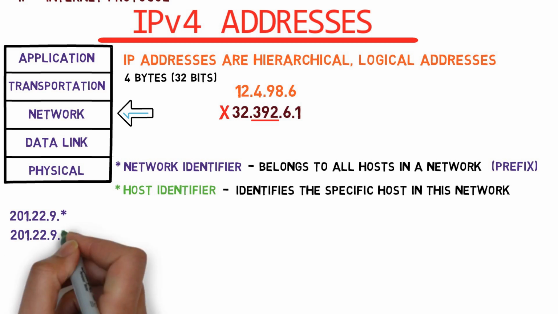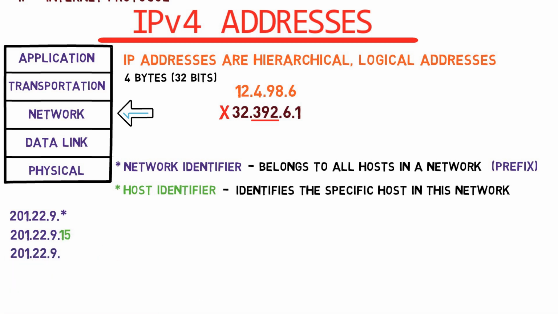Given that this is the network prefix, we can tell that the following addresses are part of this network, and they share the same prefix. The first address belongs to host number 15 in this network, and the second belongs to host number 91. This address has a different prefix or a different network ID, and thus belongs to a different network.